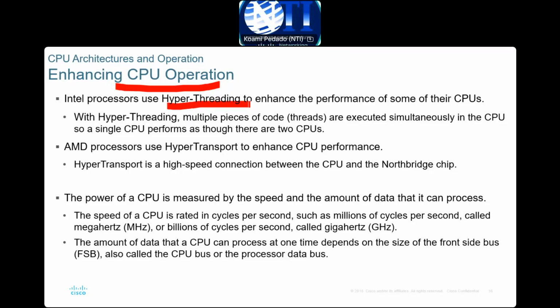The power of the CPU is measured by the speed and the amount of data. Every CPU is rated in gigahertz.